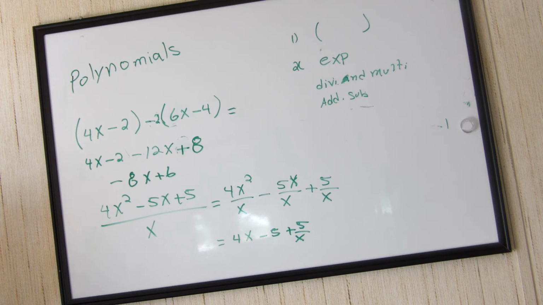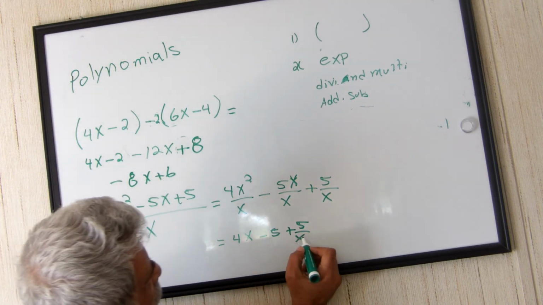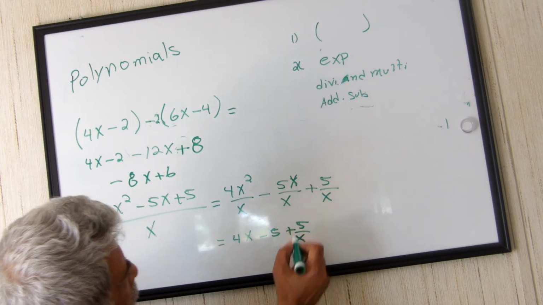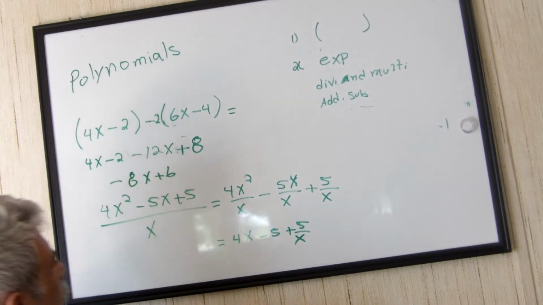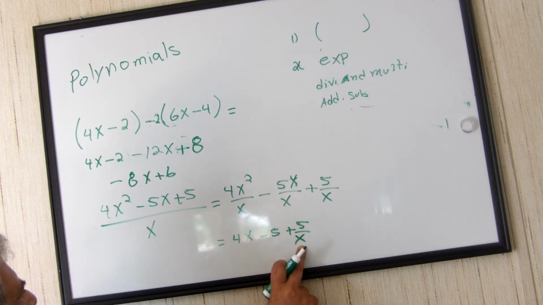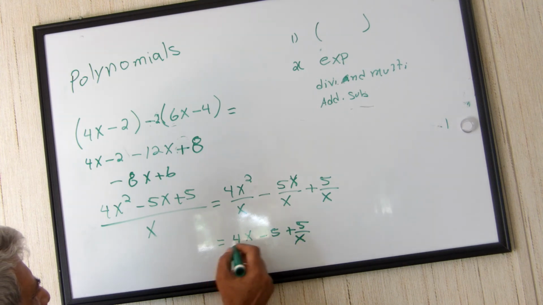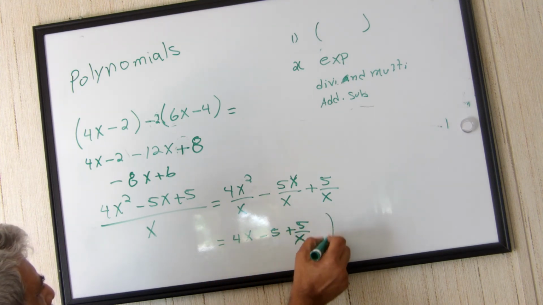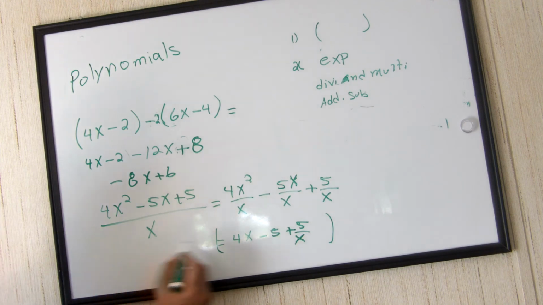Oh, okay. And if you eliminate x from the denominator, this means we don't want x in the denominator. We want to eliminate those. What we do is we multiply all of them again by x.